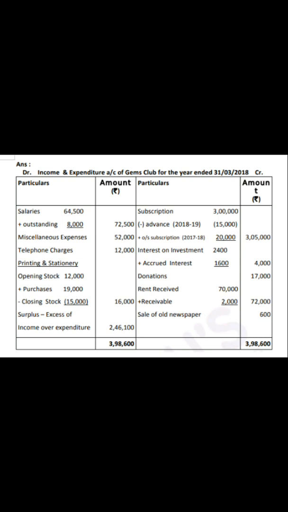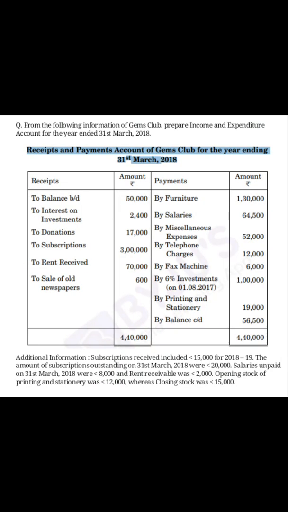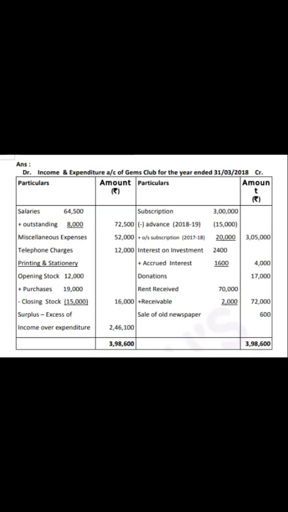So the opening stock is given in our additional information, that is 12,000, and the closing stock is 15,000, and the purchases, or the payment we have made on printing and stationery, is given in our receipt and payment account on the payment side, that is 19,000. So just putting the values here, we would get 16,000 as the printing and stationery amount. After writing this, we would move towards the income side, that means the credit side.